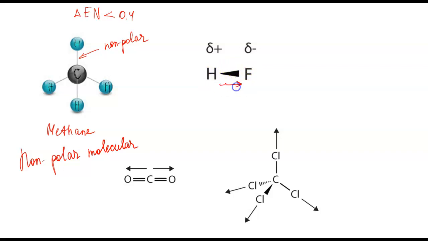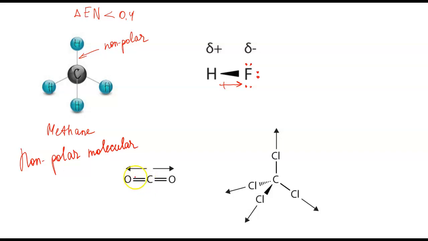So we have delta negative charge on fluorine and delta positive charge on hydrogen. And there are 3 lone pairs for fluorine here. You can see this molecule is very polar, right?